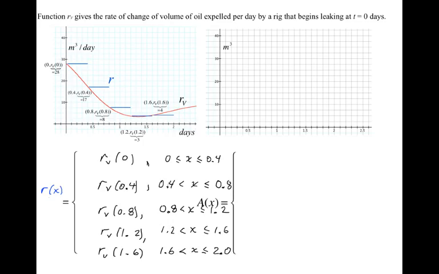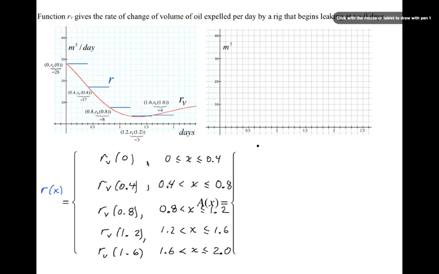So let's find what accumulation of oil do we have at 0.4 days according to R. So everyone figure out what accumulation of oil do we have in the ocean according to the R function, or approximate rate of change function.